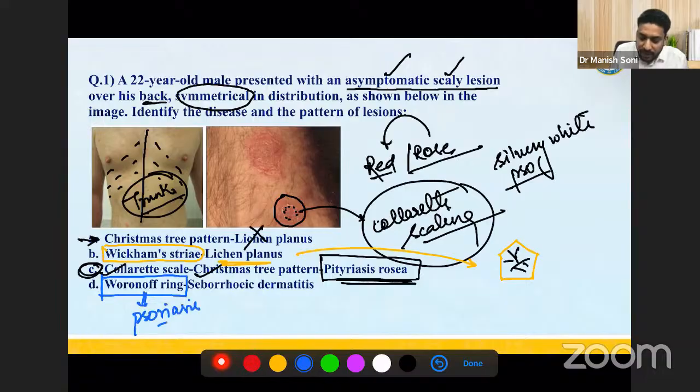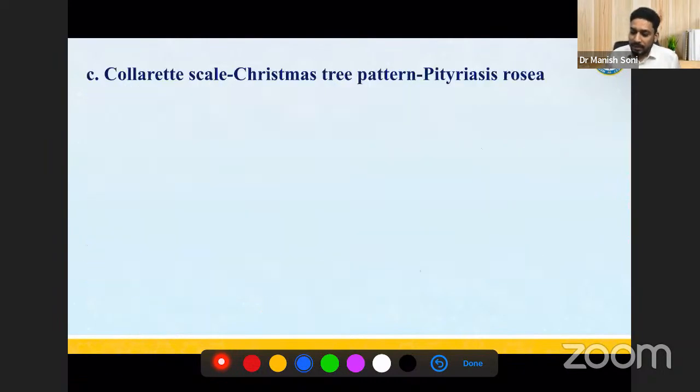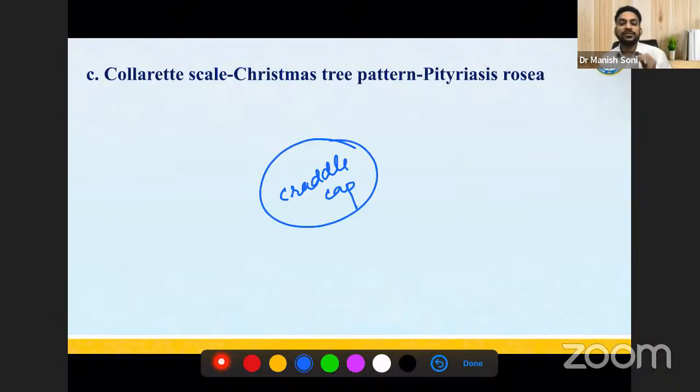In seborrheic dermatitis, which scaling is seen? Yes, very oily or greasy scales are seen. And when seborrheic dermatitis occurs in infants, what do we call that condition? Yes, we call it cradle cap. So cradle cap is another name for seborrheic dermatitis in infants.